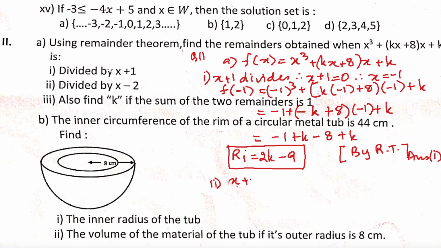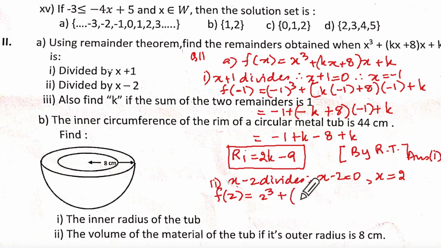x plus, no, sorry, x minus 2 divides. All of you know the steps properly. Then f of 2. So 2 cube plus k into 2 plus 8. So I'll make this into a box bracket into 2 plus k, which is equal to, I'll write up to here only.